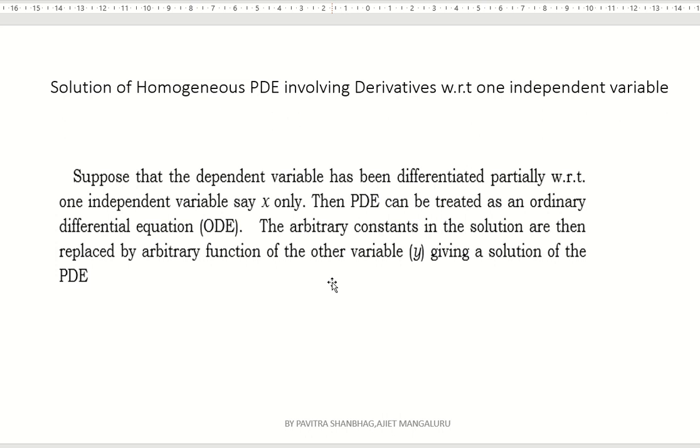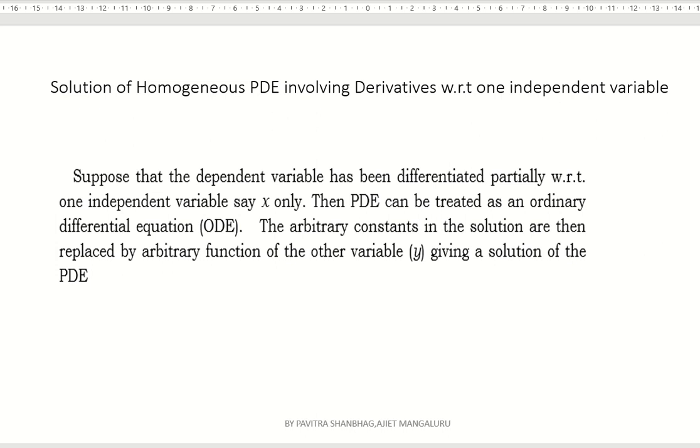First, we have to convert the given PDE in terms of ODE, and then write the auxiliary equation and corresponding complementary function. That constant we have to replace in terms of functions of other variables and find the solution. Then you will get this particular solution for the given problem.